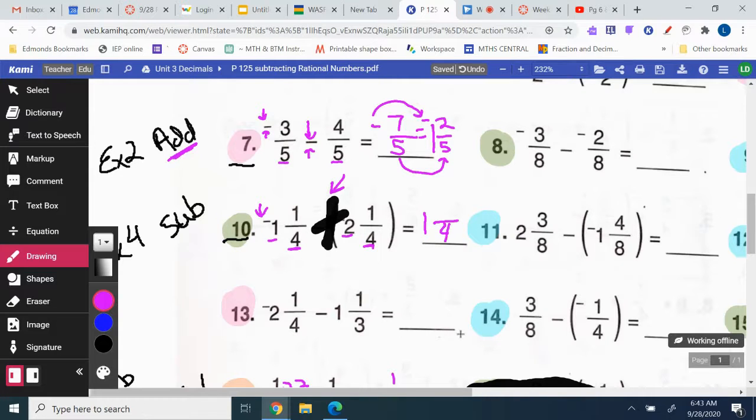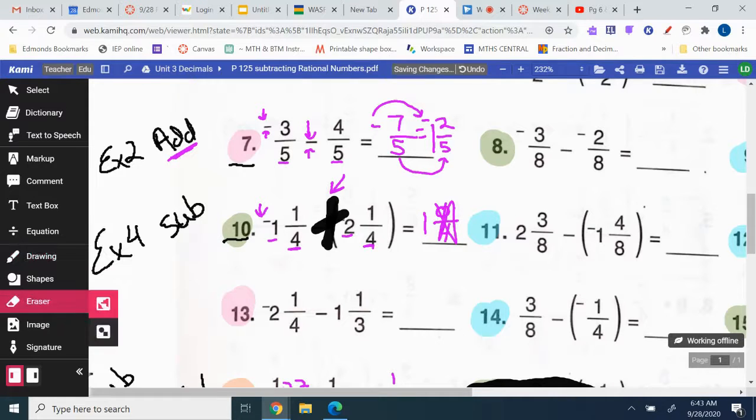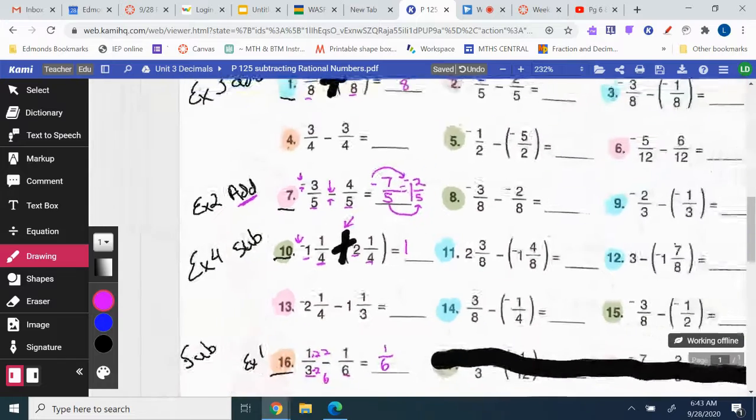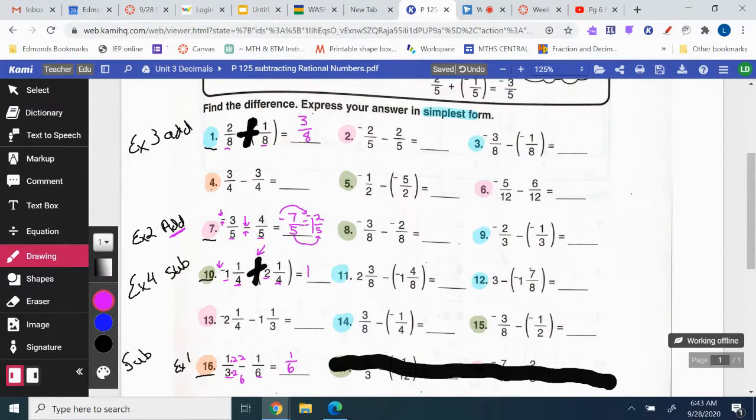And now I have 1 minus 1, which is 0. Well, I don't have 0 fourths. Those go away. So I'm just going to erase those. So my answer is 1. And I keep my sign so it's a positive 1. So those are all the ones in green. I'm going to try to do 15 with you because 15 is the hardest one of them.